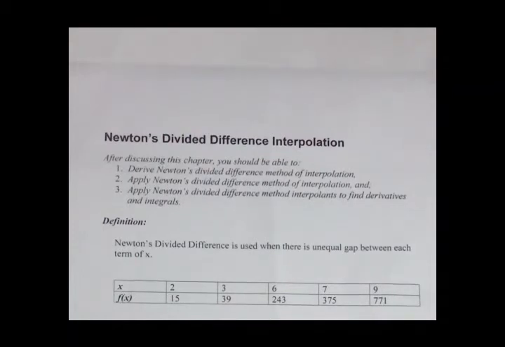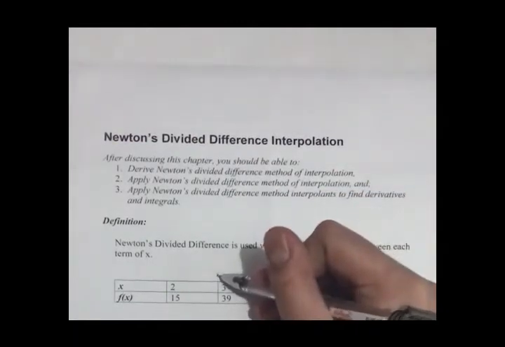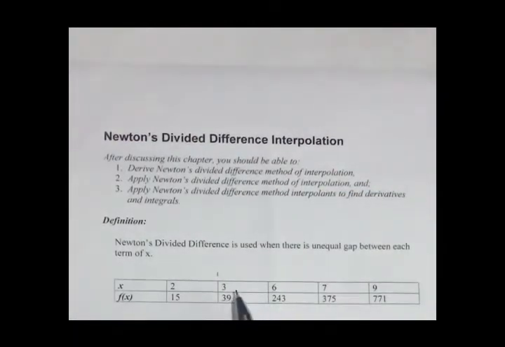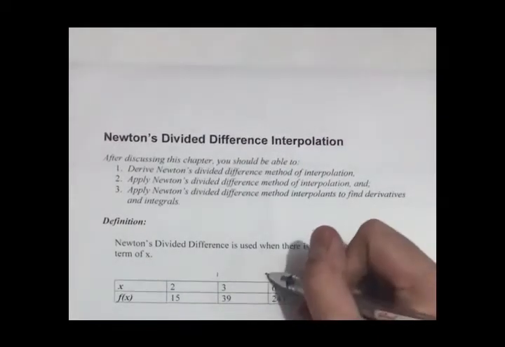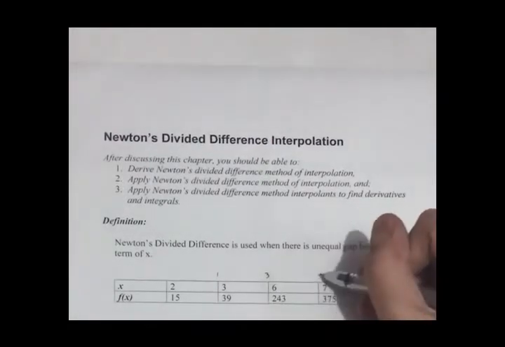For example, this table, we have on the term of x 2, 3, and their gap between each other is 1. Next is this 3 minus 6, or yung gap nila from each other is 3. 6 and 7, gap nila is 1.